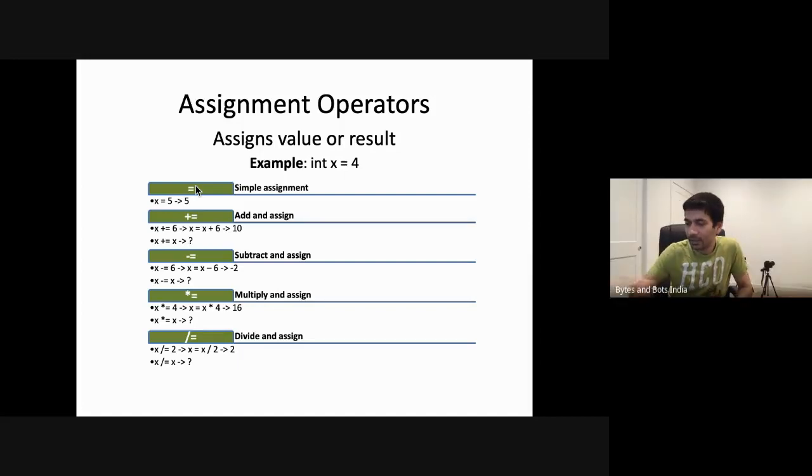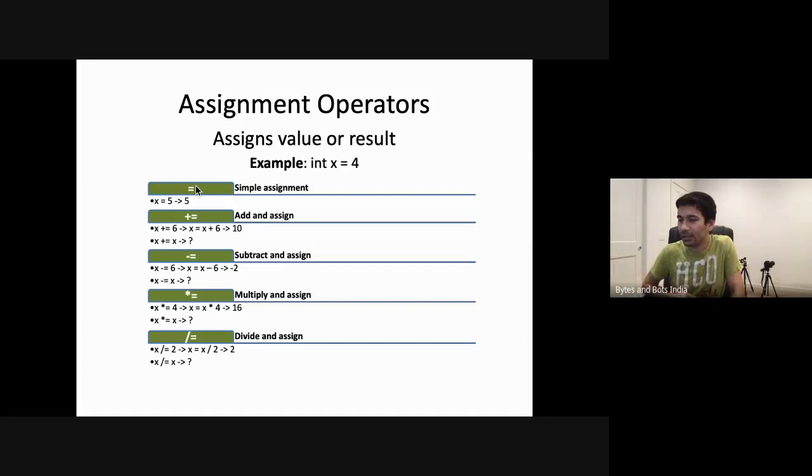If you look at the example right above it, x forward slash equal to 2 means x is equal to x divided by 2. So x forward slash equal to x would mean x is equal to x divided by x. So in this case, the answer will be 1.